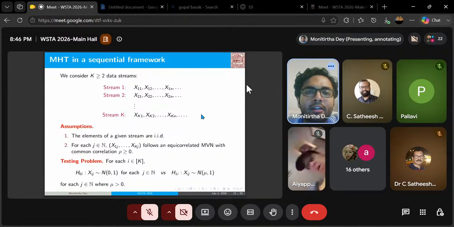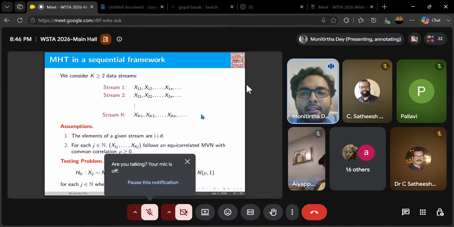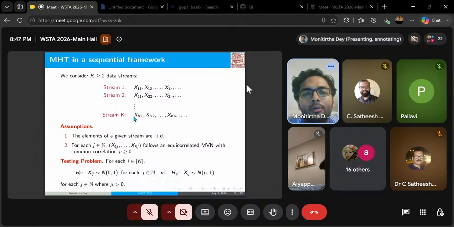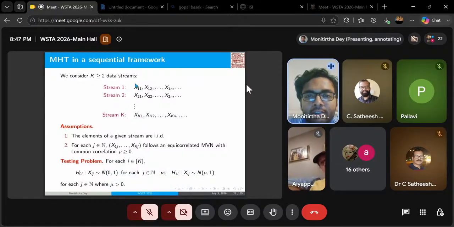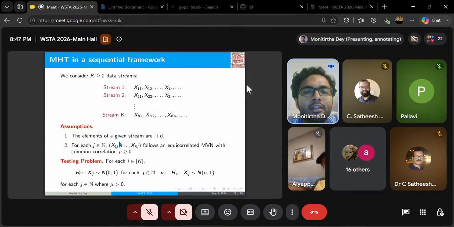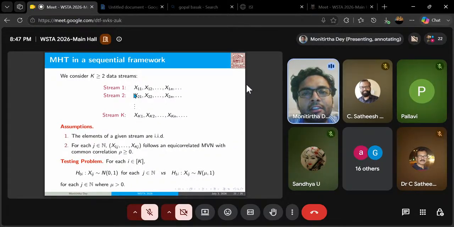So the observations are arising in an online manner. And for each j, this vector is a k-variate multivariate normal with equicorrelation structure having correlation parameter rho. So we have a k-dimensional multivariate normal, and we have sequential observations from that.